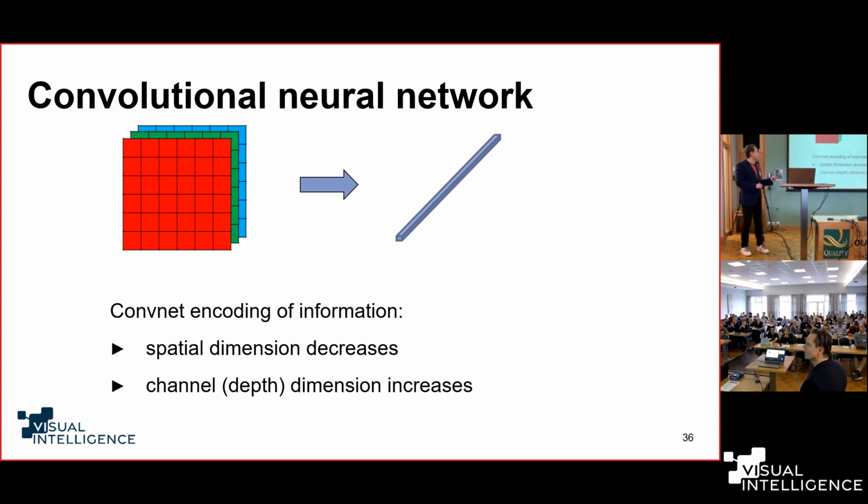We have many more channels, could be like 4,000 channels in the last layers, but very, very few pixels. You're recoding, taking information that was in the image and putting it into something like this. And if you're able to do that, we have a lot of techniques working. I mean, then this classification is simple. We have a lot of methodology that could be useful for classifying vectors. So this is just a broad overview.